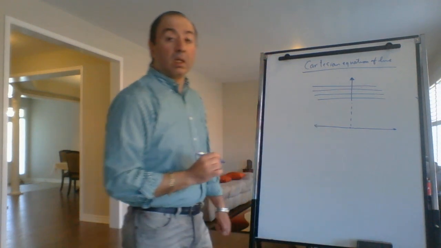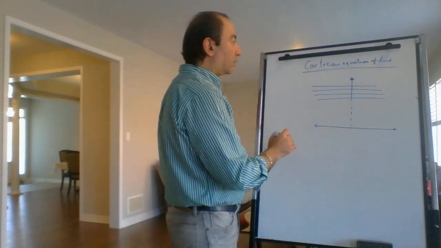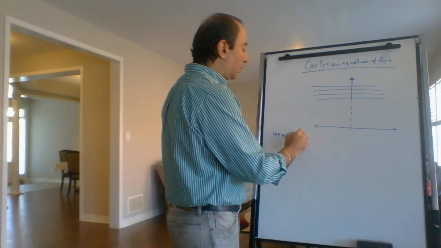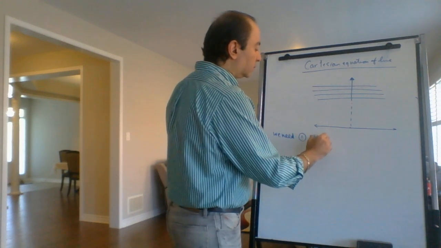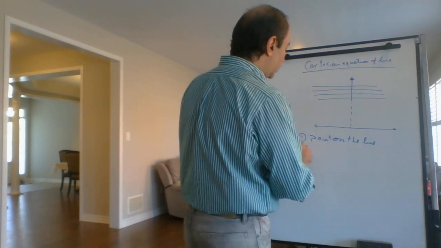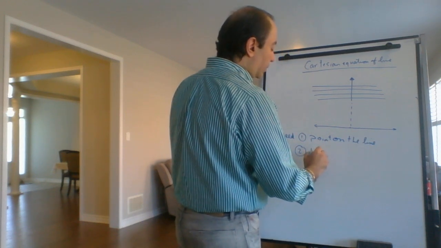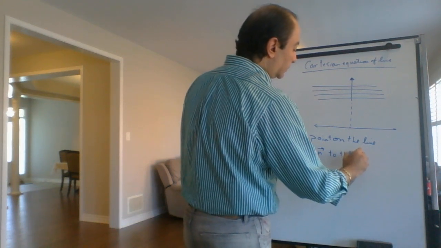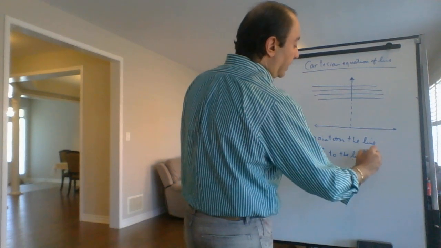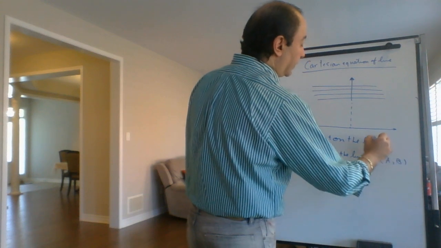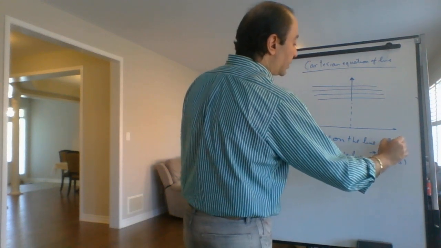So in order to find the Cartesian equation of a line, we need one point on the line, and two, a normal vector n to the line. n has coordinates, let's say a and b, and the point on the line has coordinates x sub 0, y sub 0.